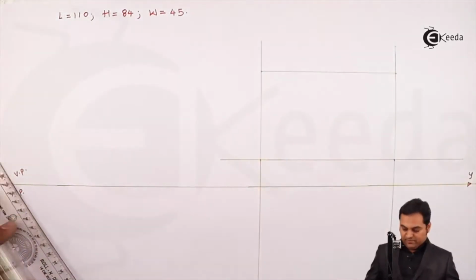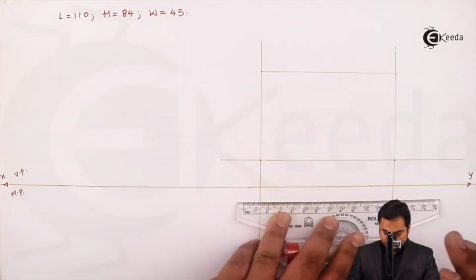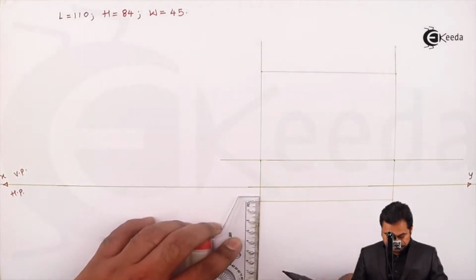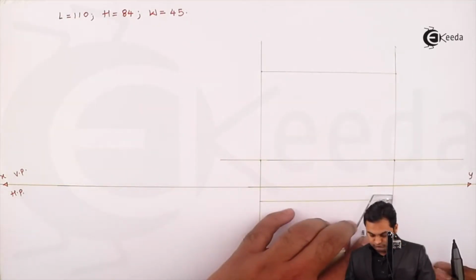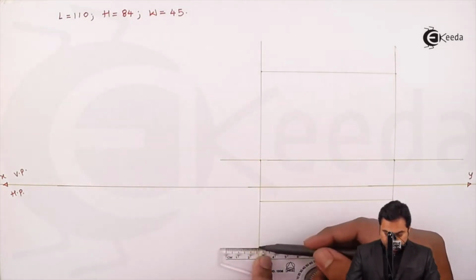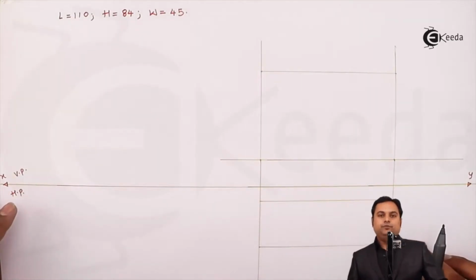Width is 45 mm. So measuring 45. So here is the width. Inside this rectangle, I am going to draw the top view.